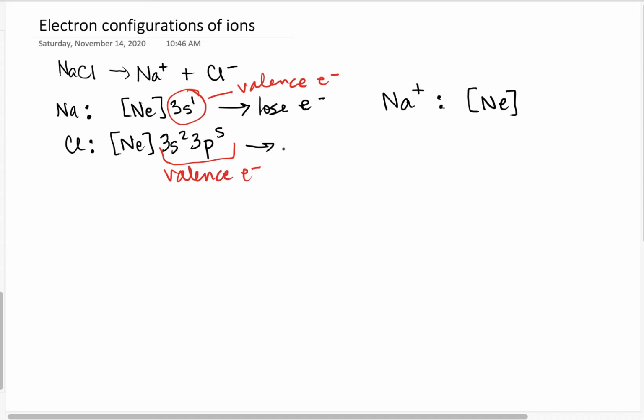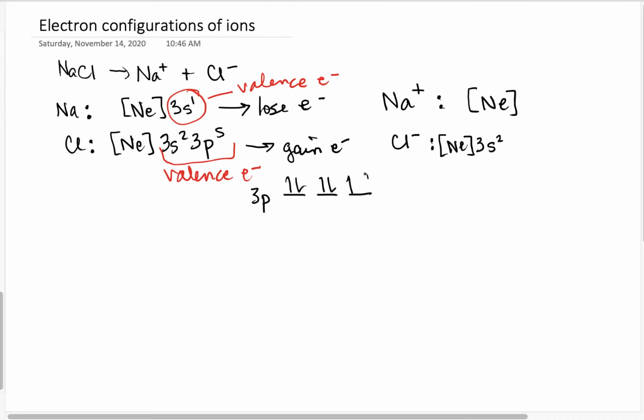The chlorine is going to gain an electron, and so it will become chloride. And so if we look at this, we'll see that the one spot we have to put an electron is here. We have 3p, and we have 5 electrons that are currently in that 3p subshell.